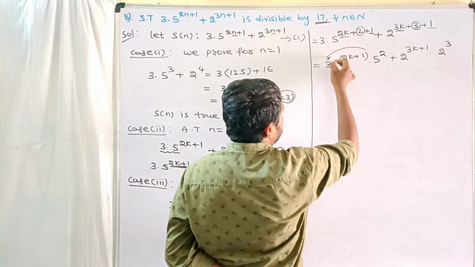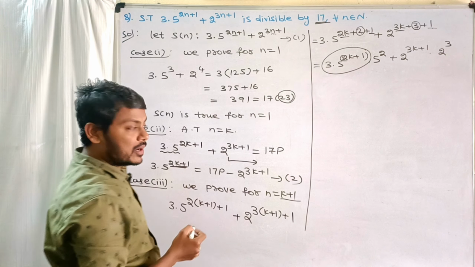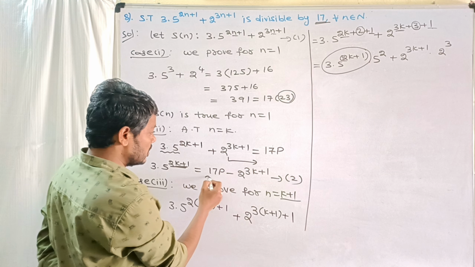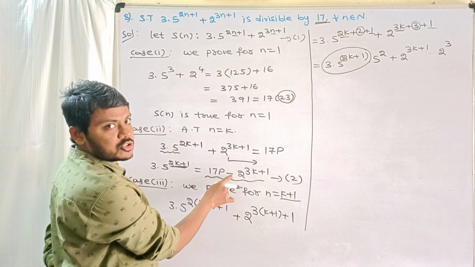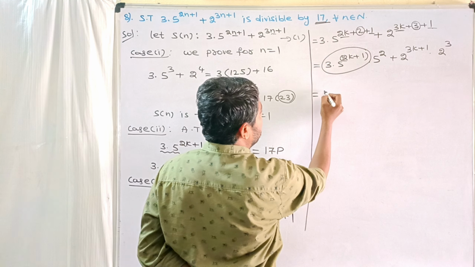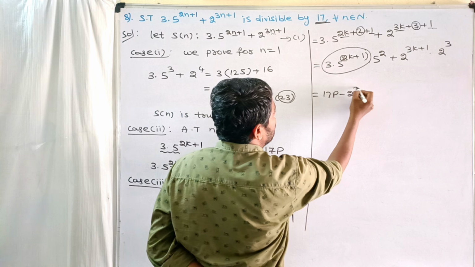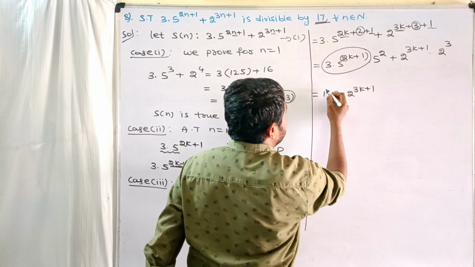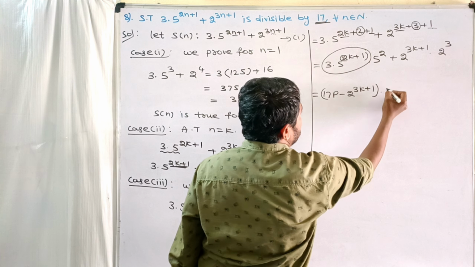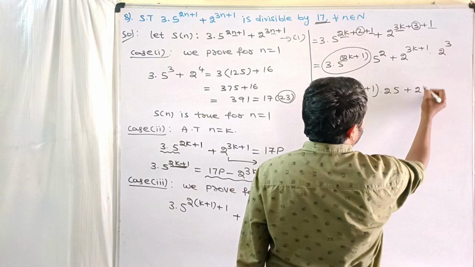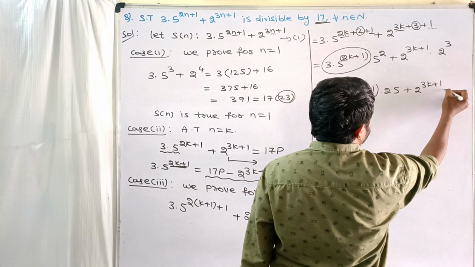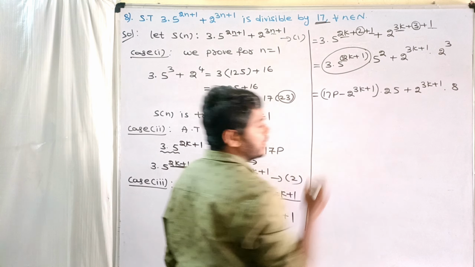Clearly from equation 2, what is 3 into 5 power 2k plus 1 value? 17p minus 2 power 3k plus 1. Right, 17p minus 2 power 3k plus 1 into 5 square value 25 plus 2 power 3k plus 1 into 2 cube 8.